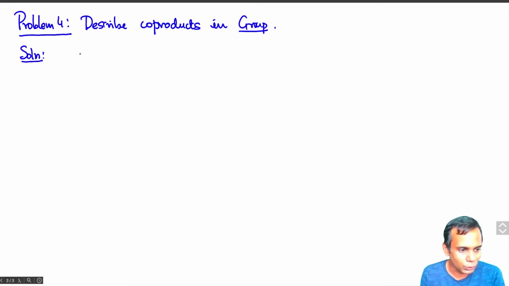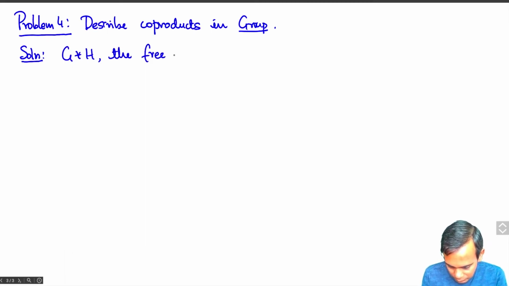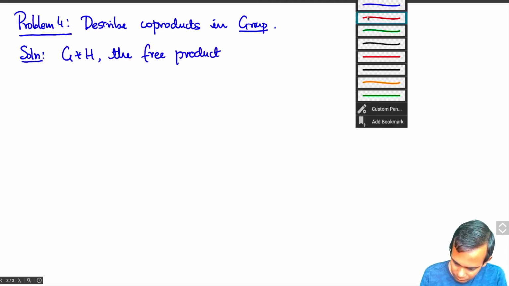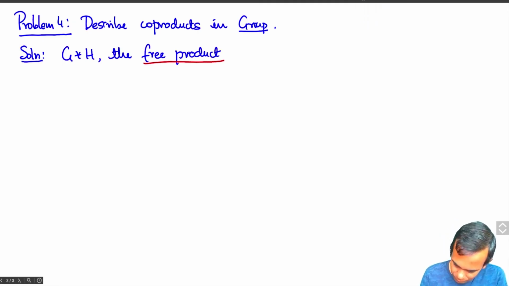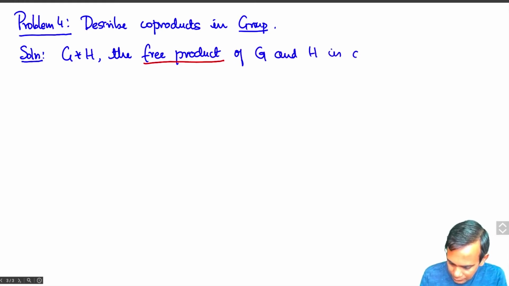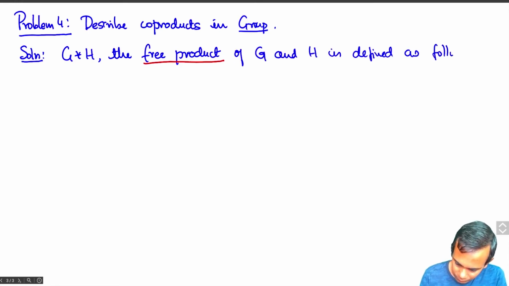It's usually denoted G star H, the free product of G and H, and it is defined as follows. The definition itself is a little complicated.